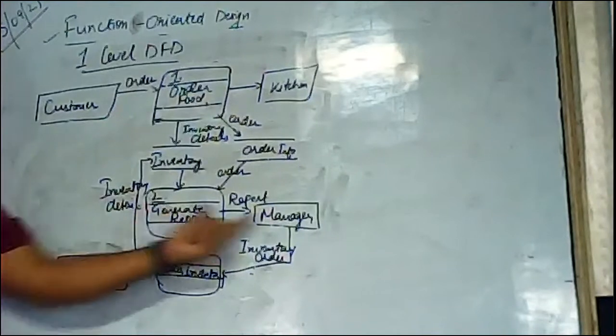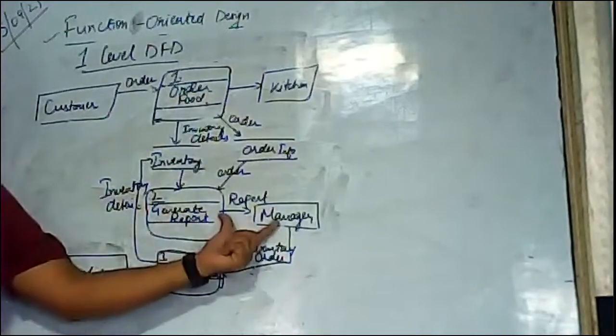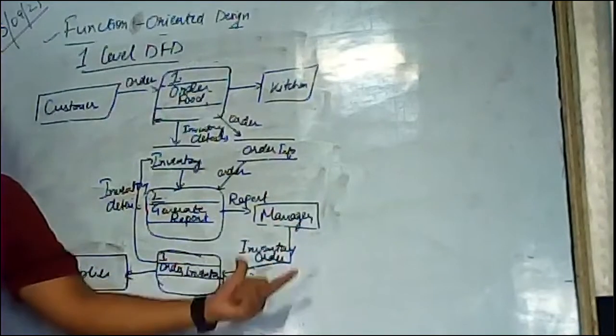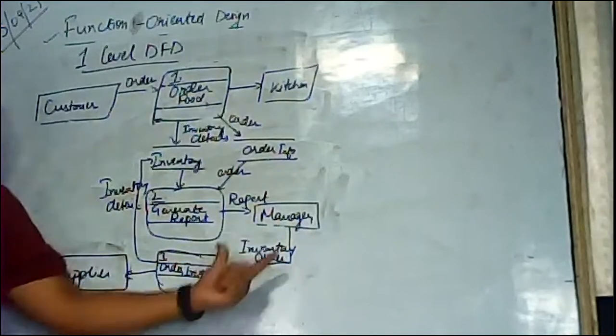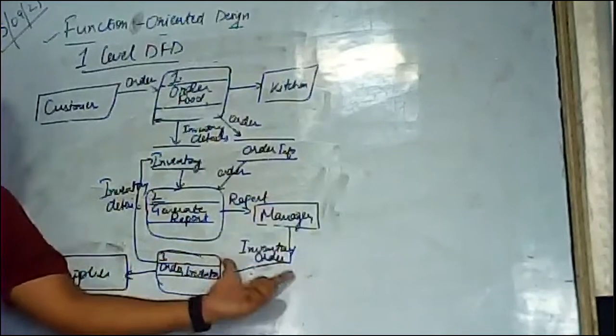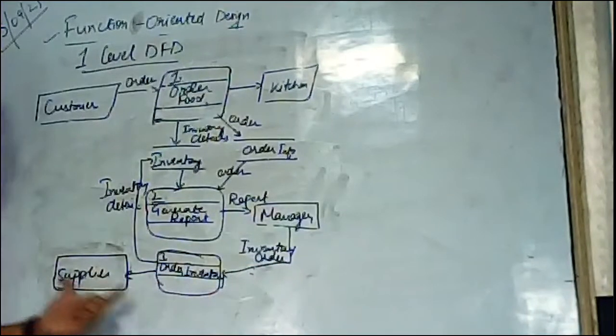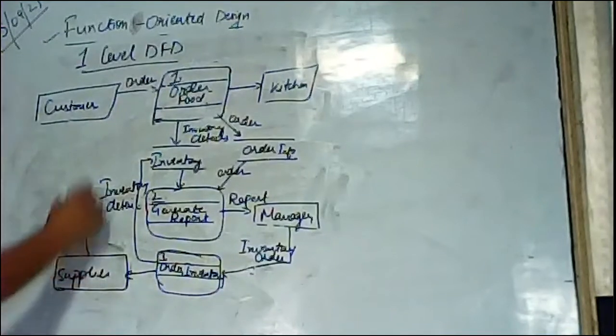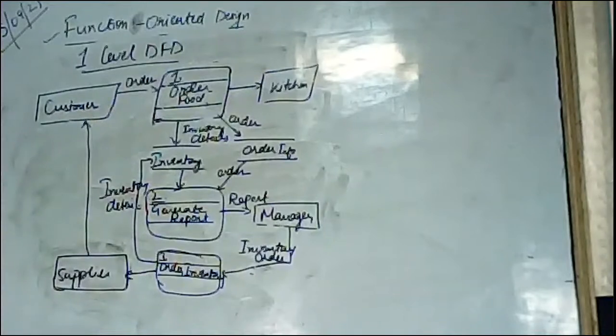Then after that, the manager will collect that report, and from that he will generate a bill, and also the food that is prepared in the kitchen will be handed over to a supplier, and the supplier will supply that food and hand it over to the customer.